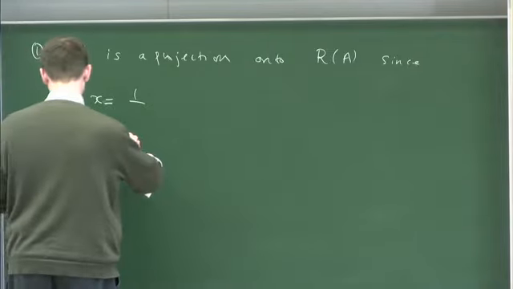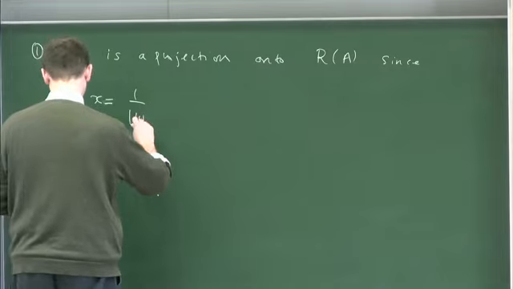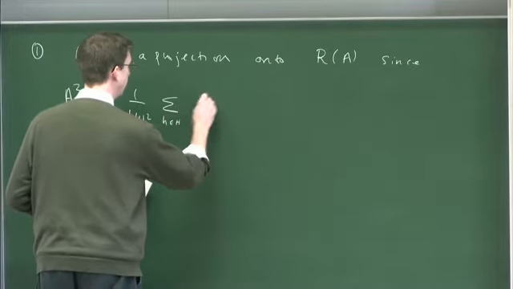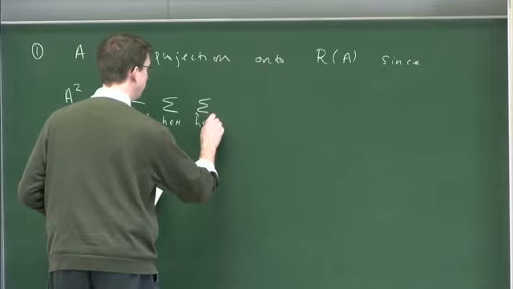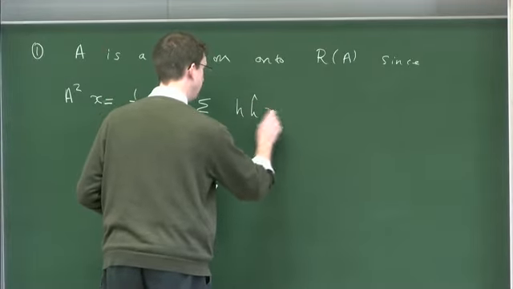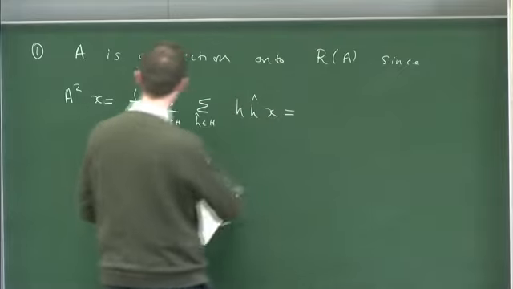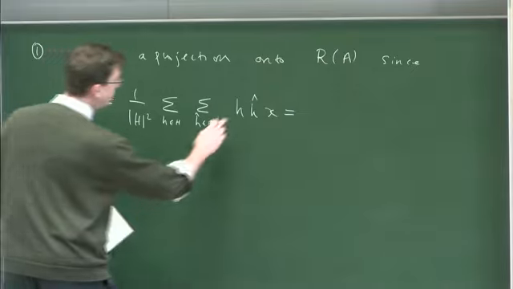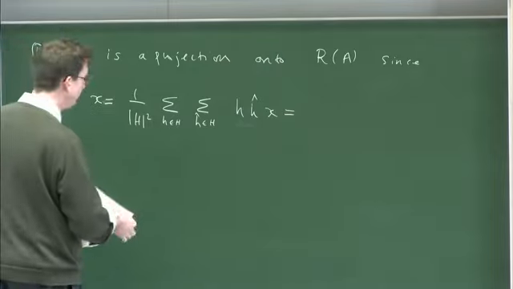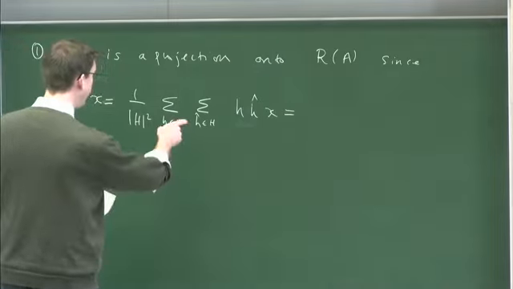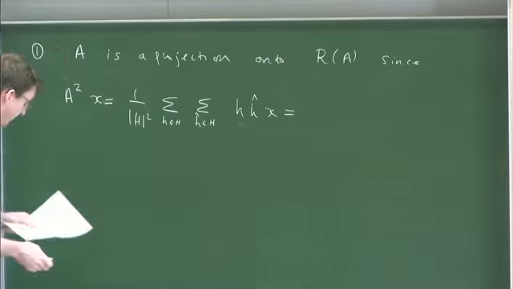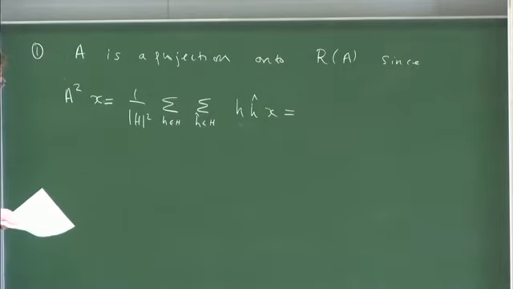Okay, that's the idea. We can write that out in large amounts of detail. And this is really using the fact that H is a subgroup. So it's a sum over h and h hat in capital H of h h hat X. But every combination of an h and an h hat is just another element of my subgroup H. So I'm still summing points that are mapped around by other elements of H. I'm just counting a lot of them more than once.